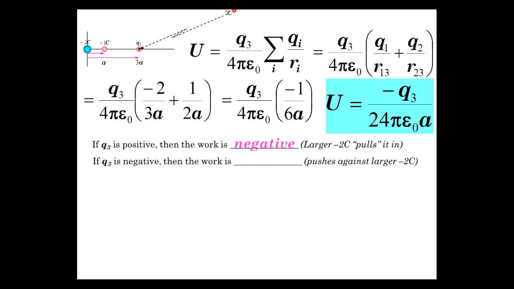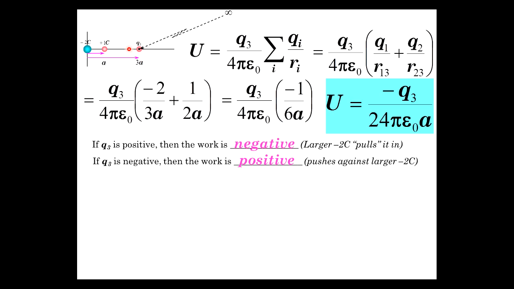If this charge is negative, then you have to shove it toward this position. Again, that means the minus 2 coulomb is dominating over the plus 1 coulomb, and so we have positive work done. Again, you can see from this scenario that for this particular problem of moving it to 3a, the minus 2 coulombs has a greater effect than the plus 1 does.